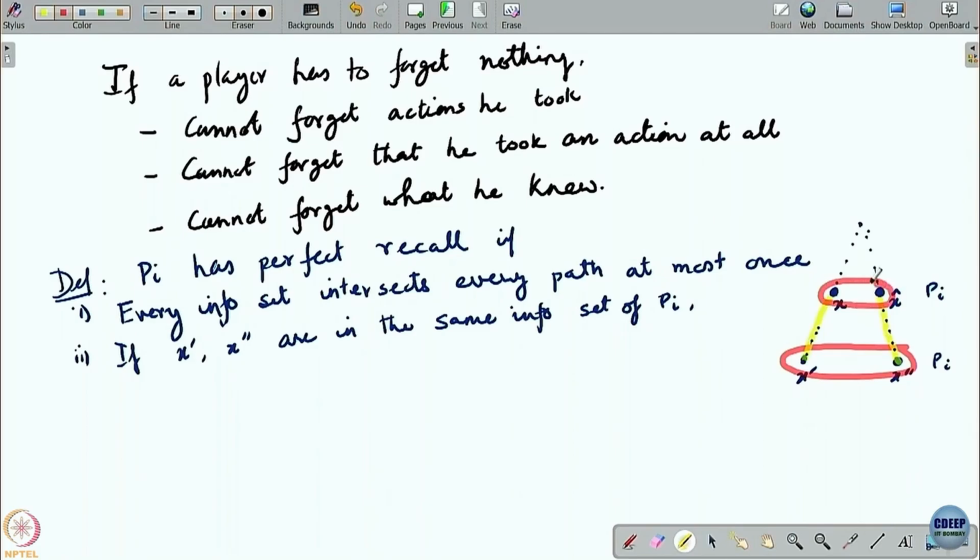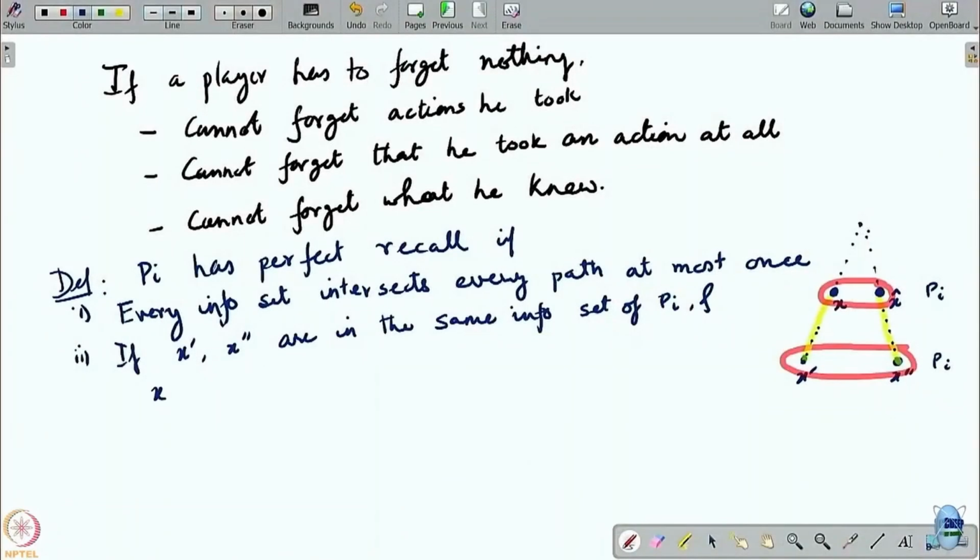If he has perfect recall, right, the fact that he does not have this information now means that he did not have it in the past either. It could not have been that he had it in the past, but he has forgotten it now, right.